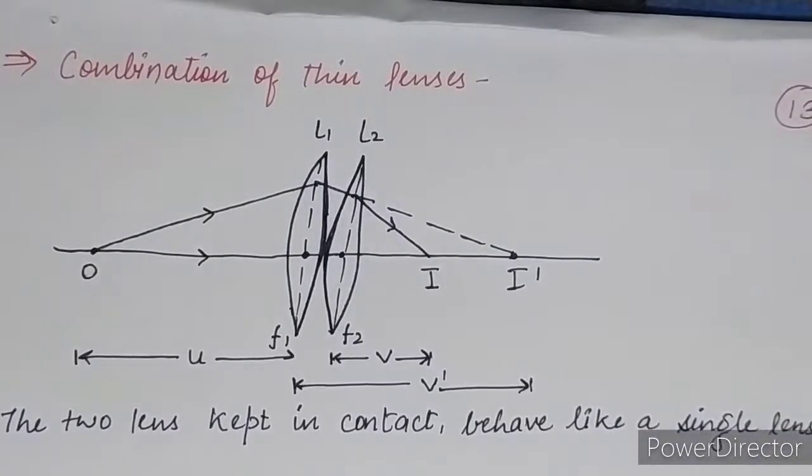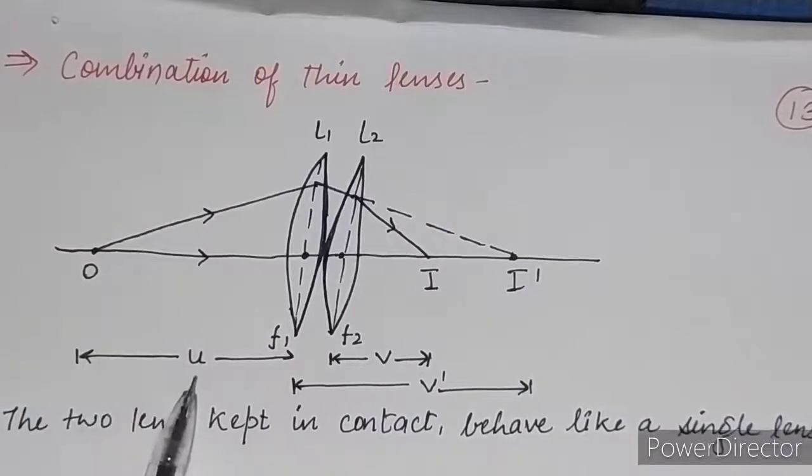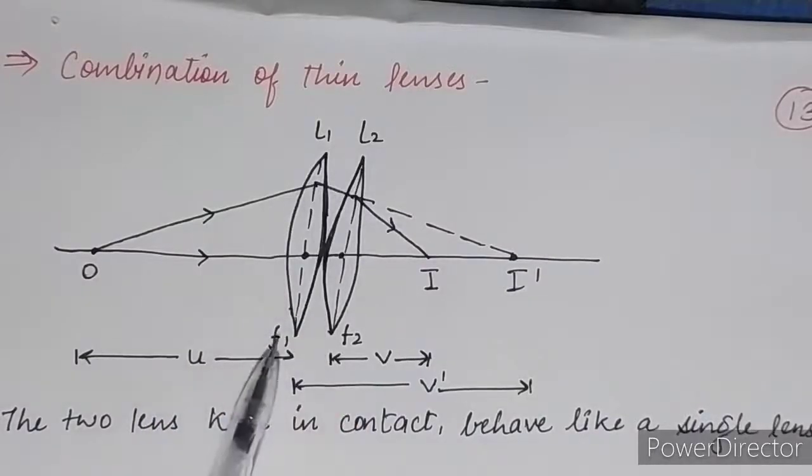Now from this diagram, an object O is placed at a distance U from the combination of two lenses L1 and L2 of focal lengths f1 and f2.